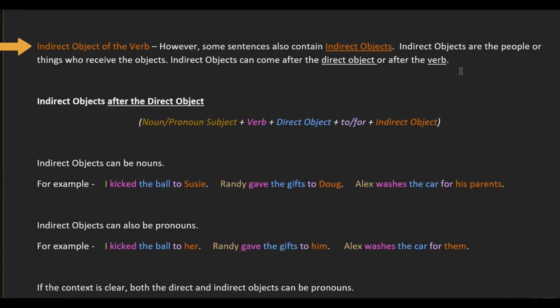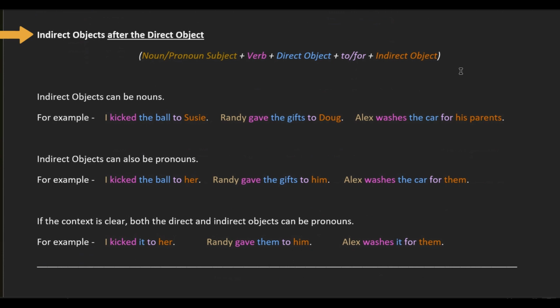So let's look at indirect objects that come after direct objects first. The order here is noun or pronoun subject, plus verb, plus direct object, plus to or sometimes for, plus indirect object.